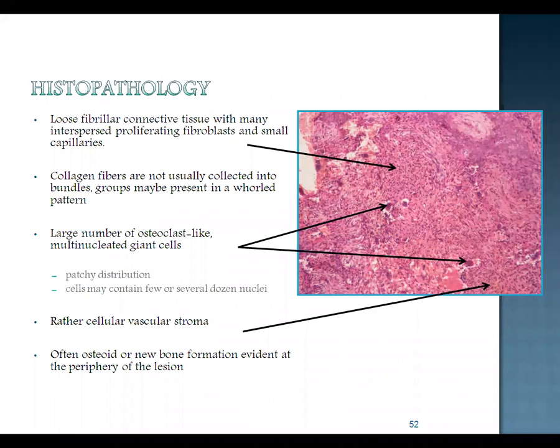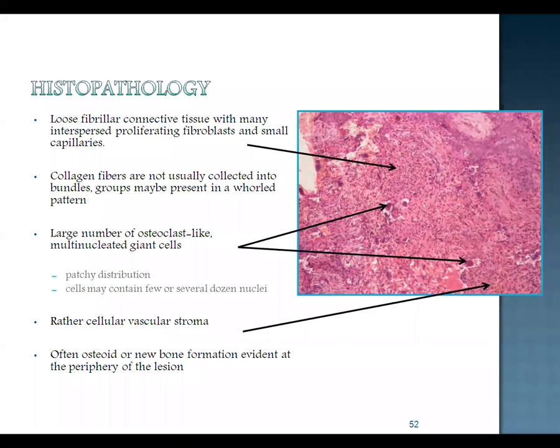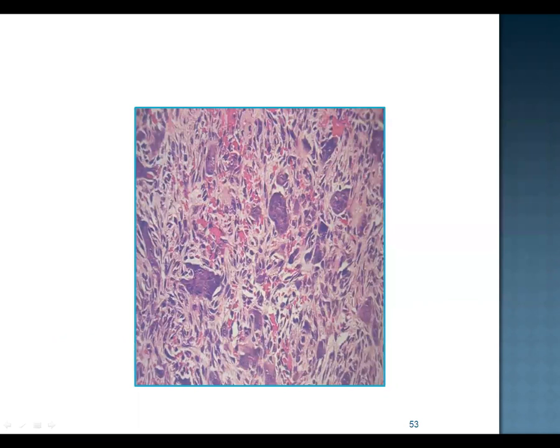So you are not going to see the epithelium here. You are going to see only connective tissue stroma with the presence of collagen fibers, multinucleated giant cells, and the presence of osteoid.